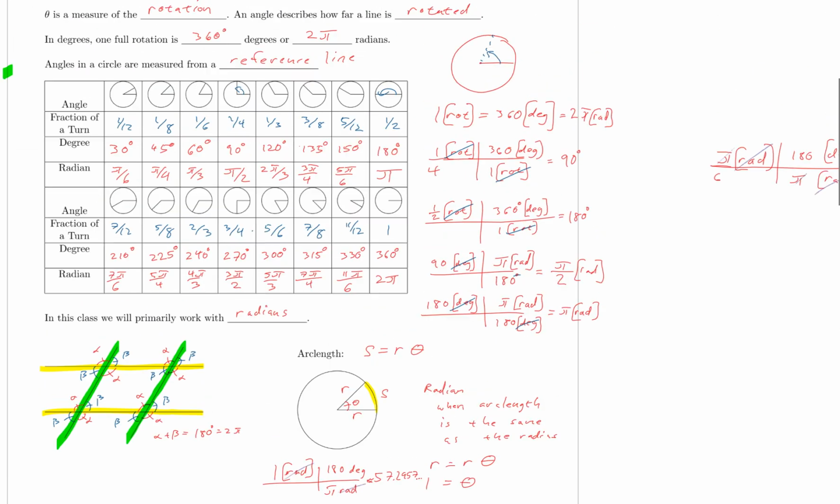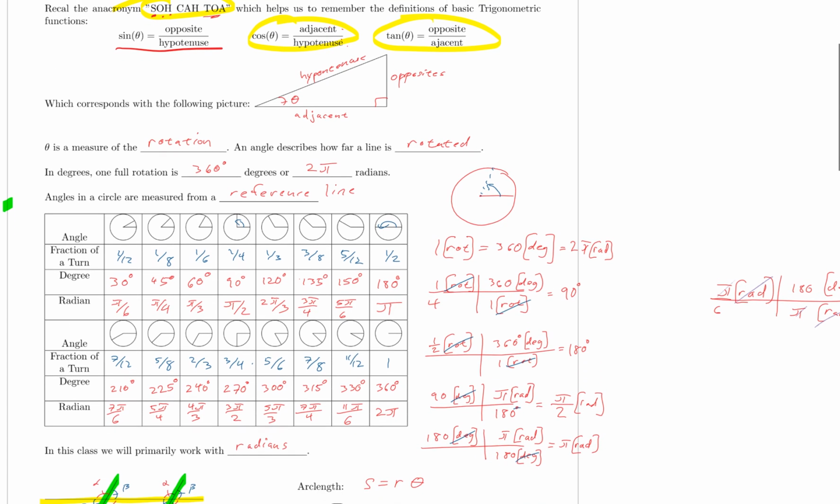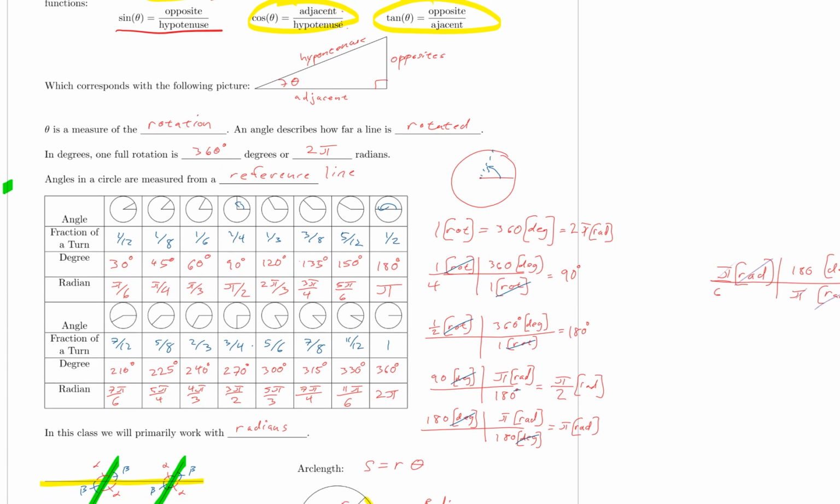And so let's review. We started off talking about SOHCAHTOA, the right triangles between cosine, sine, and tan. And then we talked about radians and degrees and some special angles on a circle down here. We talked about how to convert between rotations, degrees, and radians. And the conversion factor is 1 rotation equals 360 degrees equals 2 pi radians.